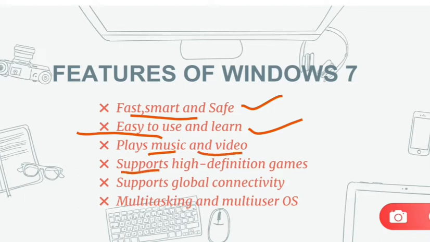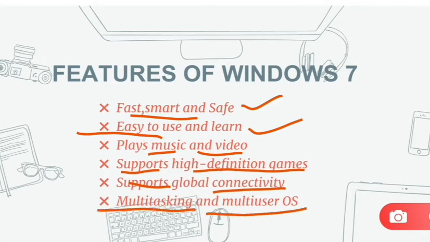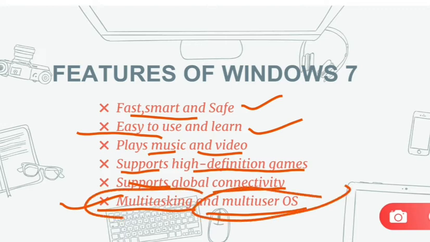It also supports high definition games. It supports global connectivity, and it is also used for multitasking and multi-user, means it can be used by a number of people at the same time, and we can do a number of things in this Windows at the same time.